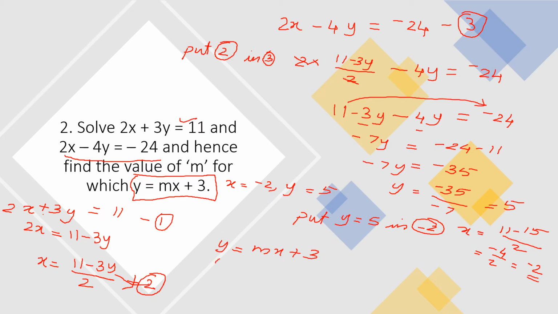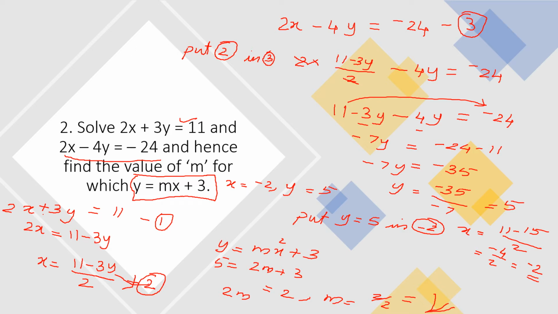What is y value? 5. 5 is equal to x is minus 2, minus 2 into m is minus 2m plus 3. Or minus 2m is equal to, this 3 will go to the other side. So you'll get 5 minus 3 equal to 2. Or m equal to 2 by 2 equal to 1. m is equal to 1. Understood? So you get the answer as m is equal to 1.